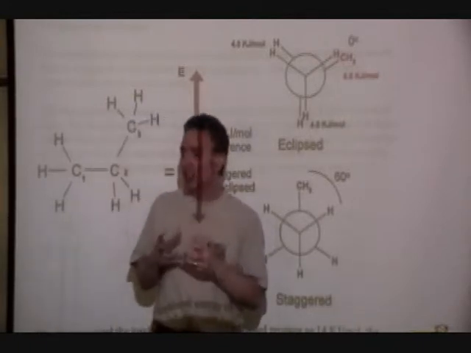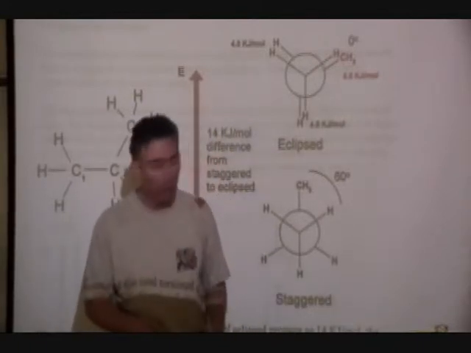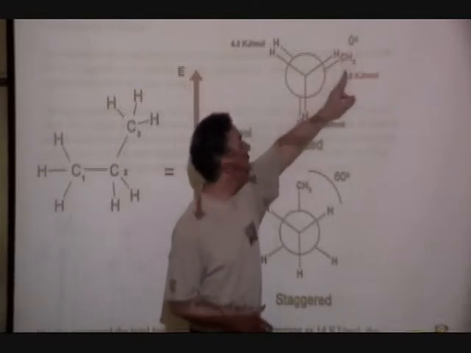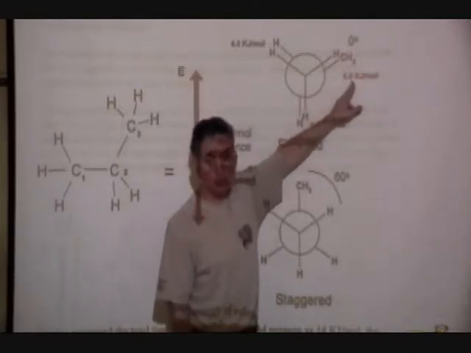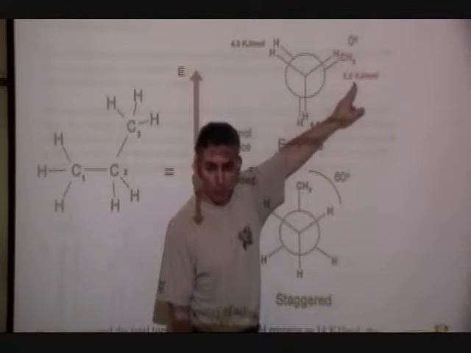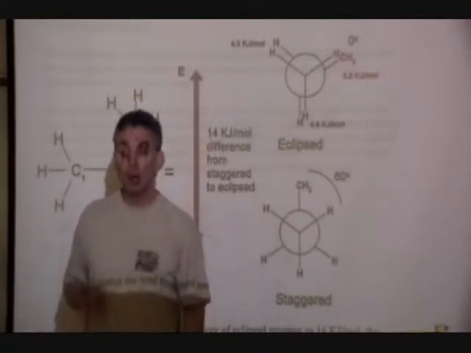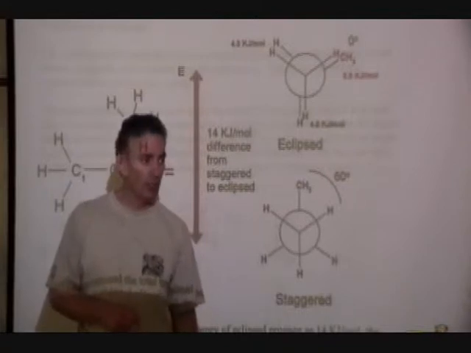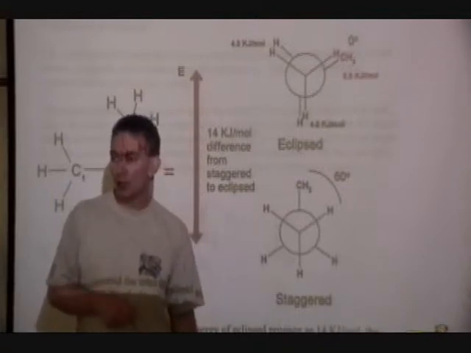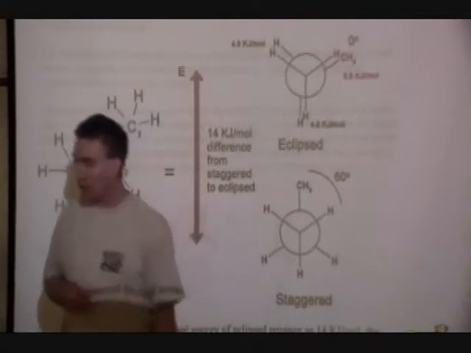Because of those hydrogens which are projecting off the carbon, we get a little bit more strain energy. This time it goes up to 6 kilojoules per mole. It increases the strain energy of the molecule when it's in its eclipsed conformation up to 14 kilojoules per mole.